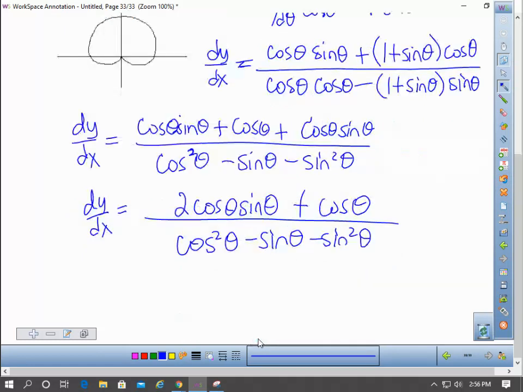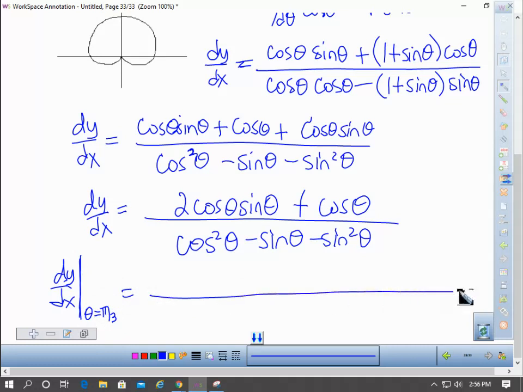A lot of algebra. All right, so the problem said find the slope when theta is pi over 3. So now that I've got this simplified, all I'm doing is evaluating dy/dx, and most people put a vertical line right there and say theta equals pi over 3. So we're evaluating this answer when theta is pi over 3, so I'm just substituting that in.